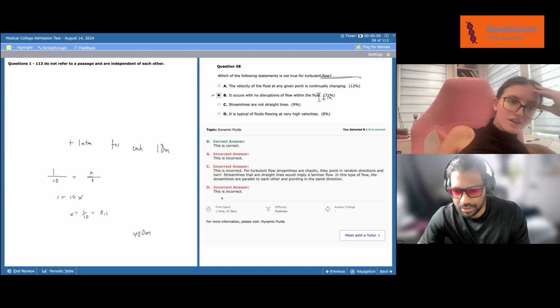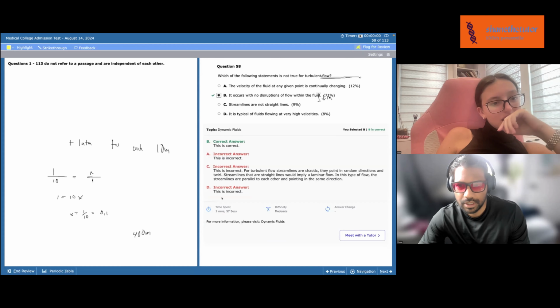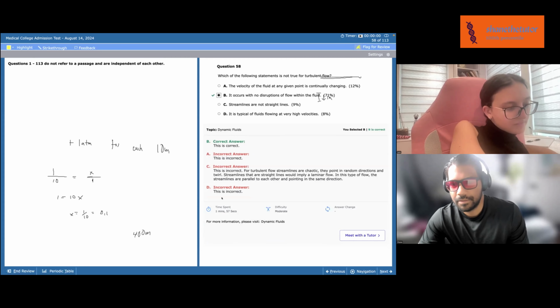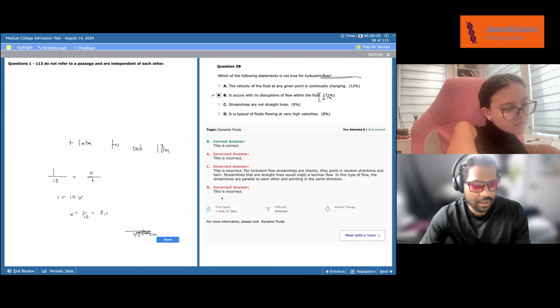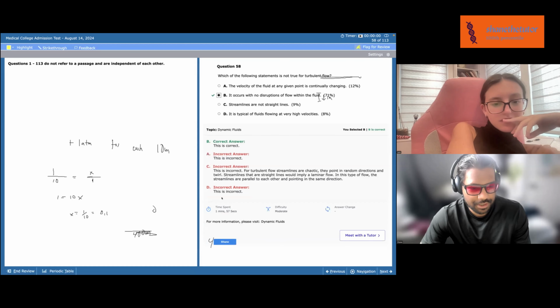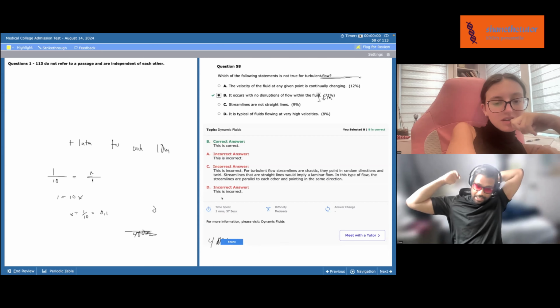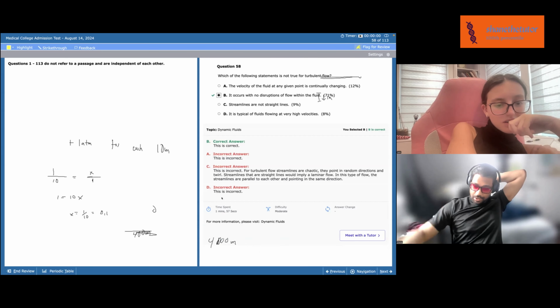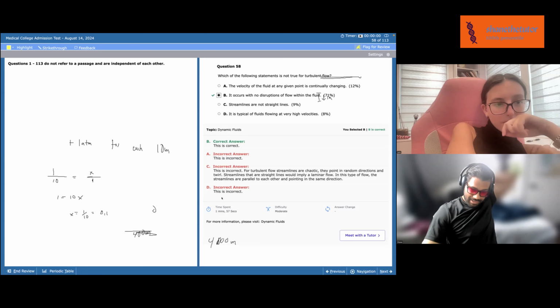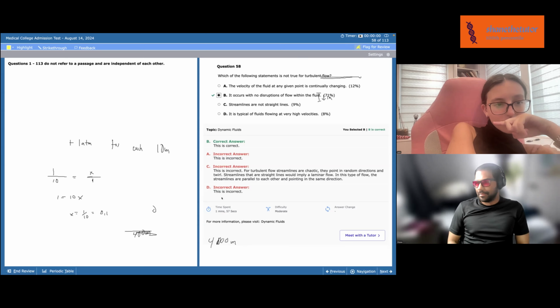Let's see. 4,000 meters submerged. So that's going to be 400 atm.